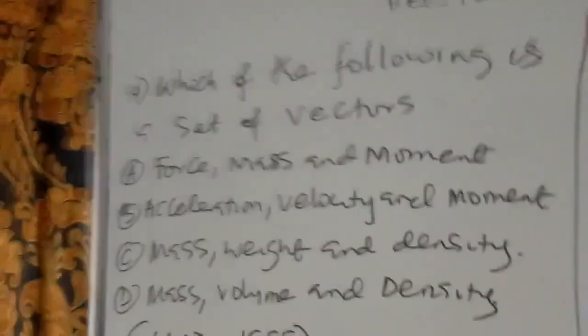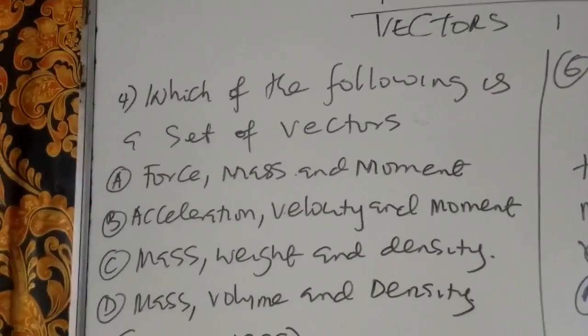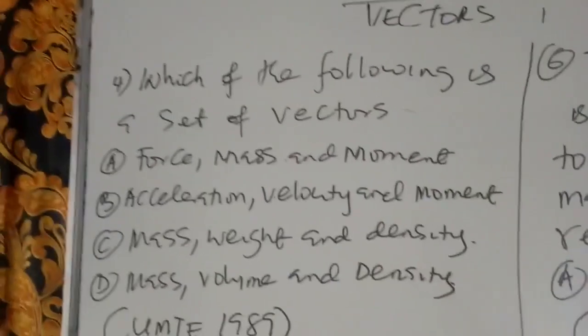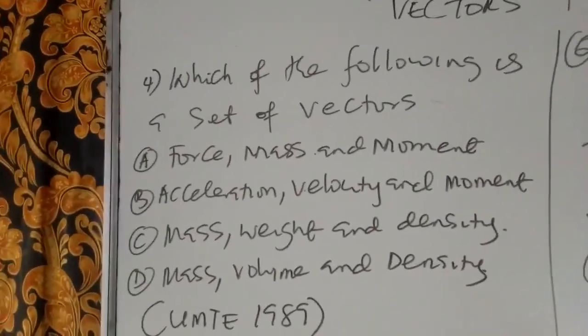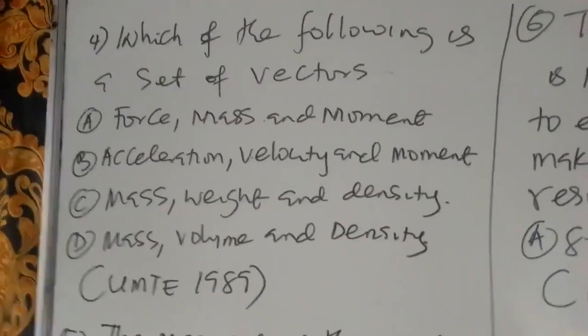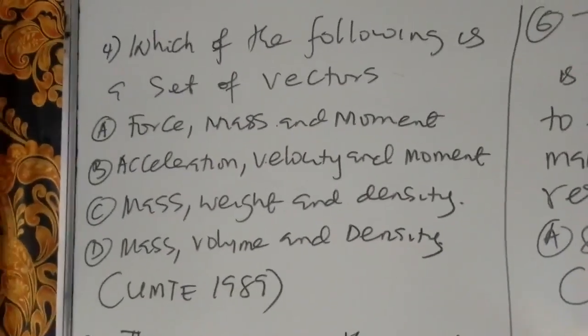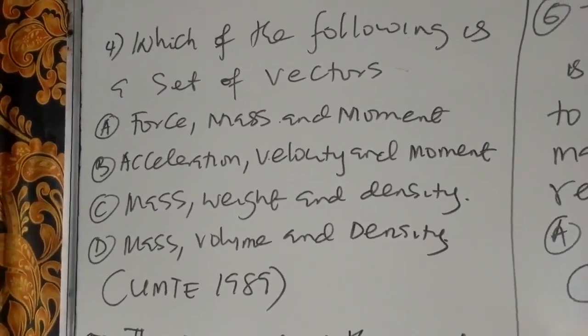Which of the following is a set of vectors? Option A, force, mass, and moment. Option B, acceleration, velocity, and moment. Option C, mass, weight, and density.